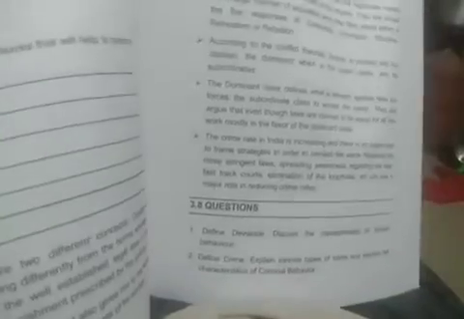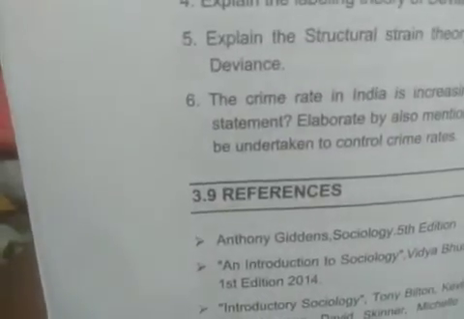3.8 Questions. 1. Define deviance. Discuss the characteristics of deviant behavior. 2. Define crime. Explain various types of crime and discuss the characteristics of criminal behavior. 3. Define crime and deviance.